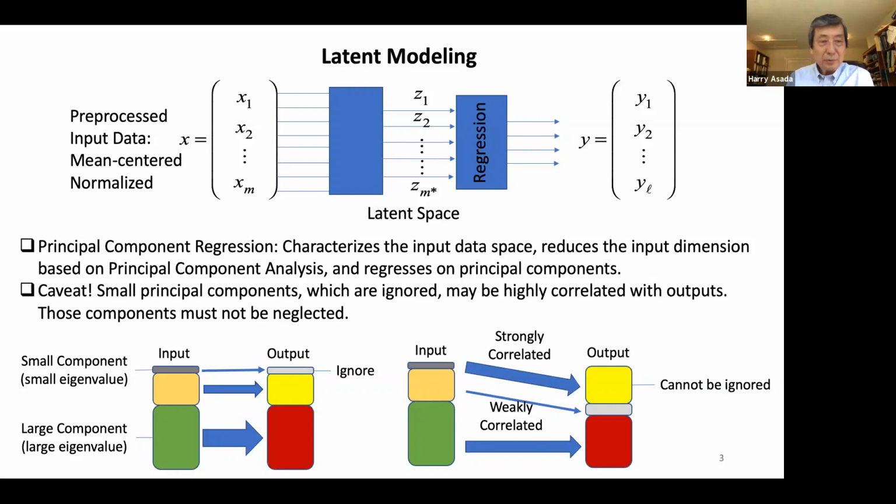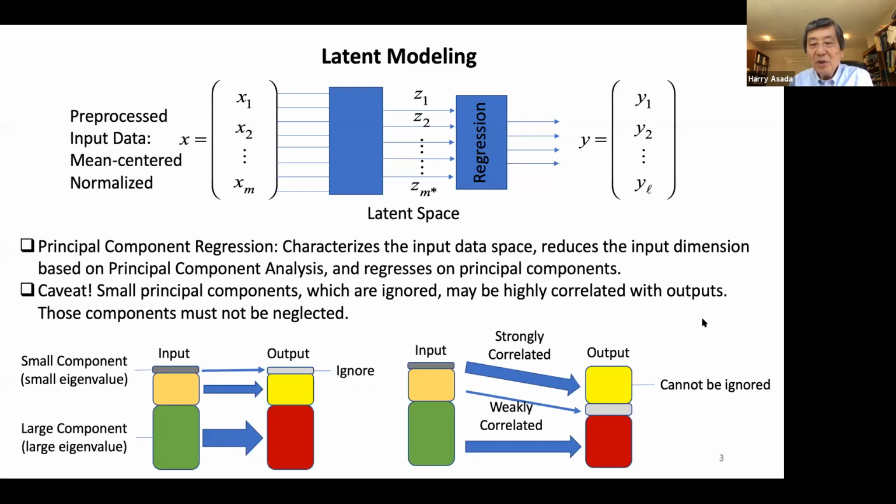How do we know which one is important for the purpose of predicting output? What comes to mind? Surely we should not just look at the input space alone, right? Yeah, we have to look at both input and output, right?